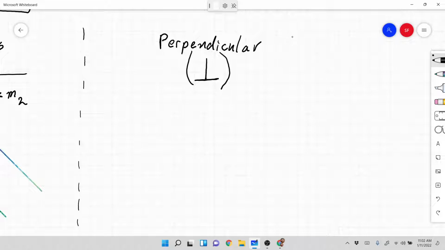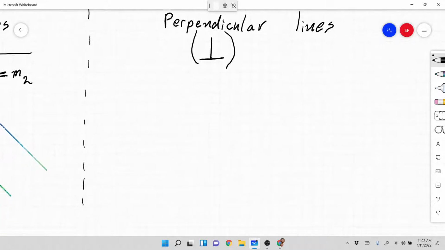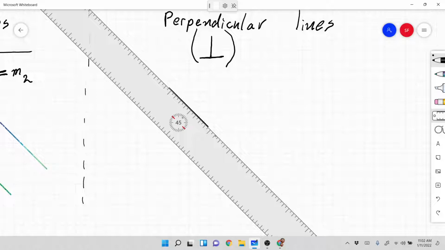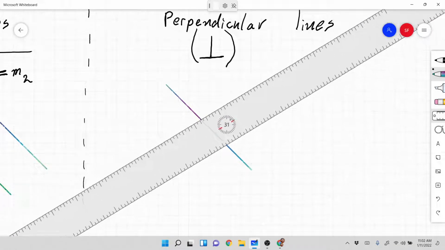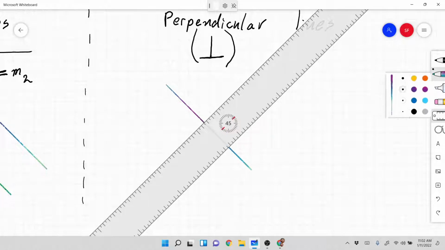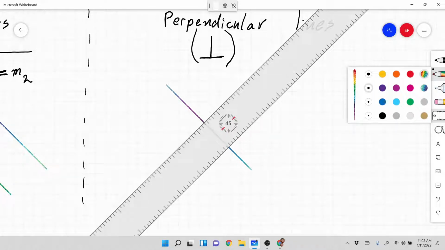No, because that would be a T. I'm going to beat the system, though. Okay. Perpendicular lines, so this line and this line.